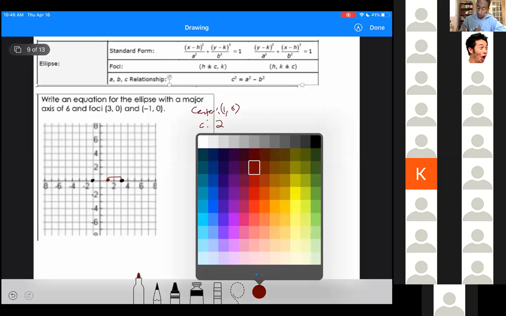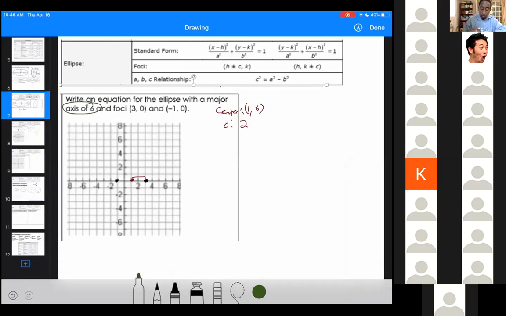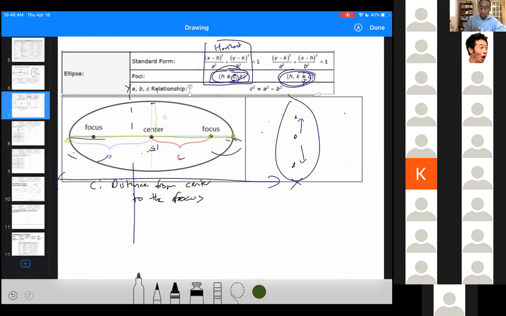Then we know it has a major axis of 6. Remember, the major axis is the longest, and the two foci will always lie on the major axis.